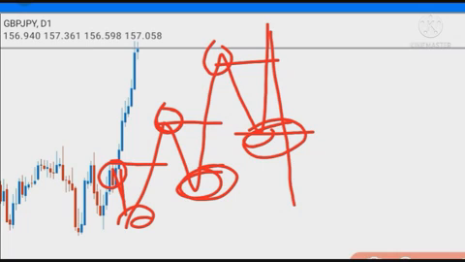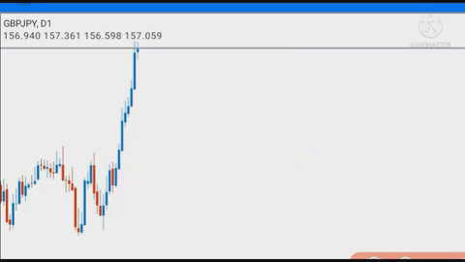All you need in an uptrend is to see the structure: higher highs, higher lows. The highs are violated while the lows are respected. That is what we want to see in an uptrend.